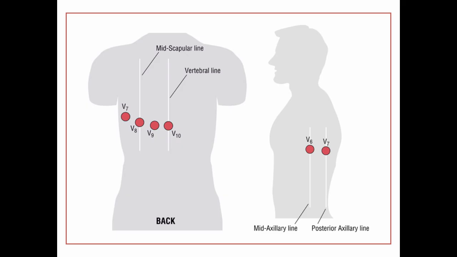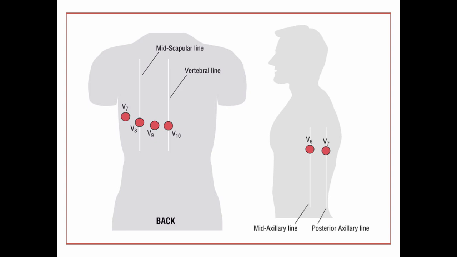So moving along the mid-scapular line, the vertebral line, still along the fifth intercostal space. And we're moving these along. Again, we only have so many cables, so when it spits out of your printer, please relabel these with your pen, just so you know exactly which posterior leads you're looking at.